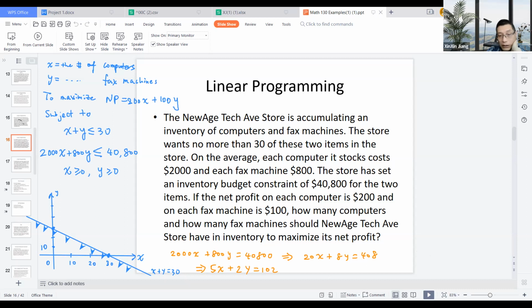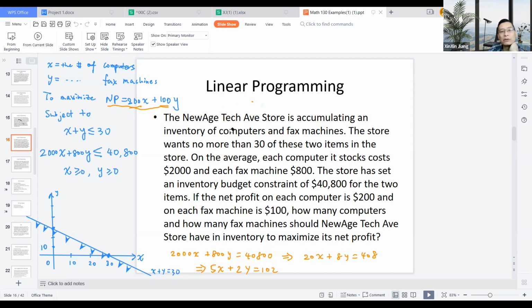I can divide both sides by a number for an inequality or equality, but never do that to the objective function. Some people say, oh, I have 200 here, 100 here, I'm going to simplify it to 2x plus y. No, that's wrong. Because this is a function, not exactly an equation, even though we mark NP equals 200x plus y and it looks like an equation.